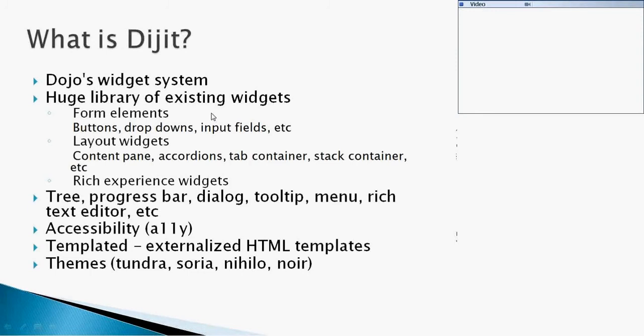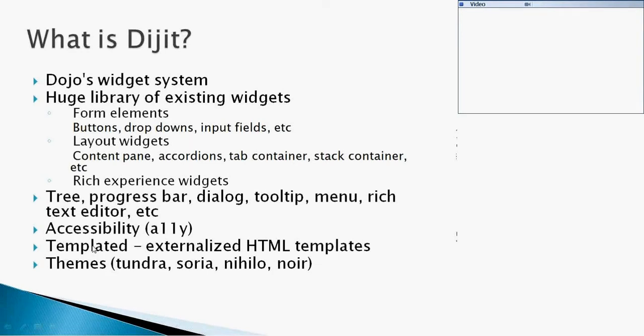Dojo itself comes with all these widgets like form elements, buttons, drop downs, input fields, layout widgets, and so on. Here are some examples: content pane, accordion, tab container, stack container, and some other rich experience widgets like tree, progress bar, dialog, tooltip, menu, rich text editor, etc.